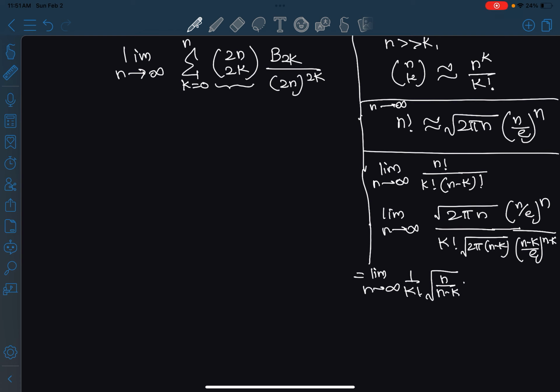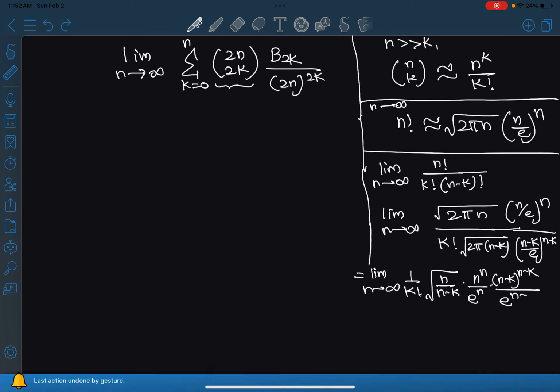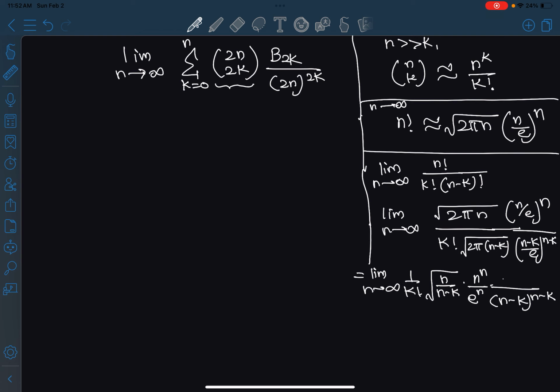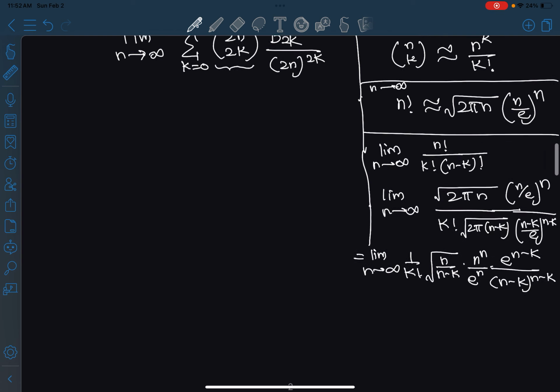Then you can distribute the division among each of the exponents: n to the power n by e to the power n, over n minus k to the power n minus k by e to the power n minus k. Actually, in the denominator there's n minus k to the power n minus k, and in the numerator there's e to the power n minus k.